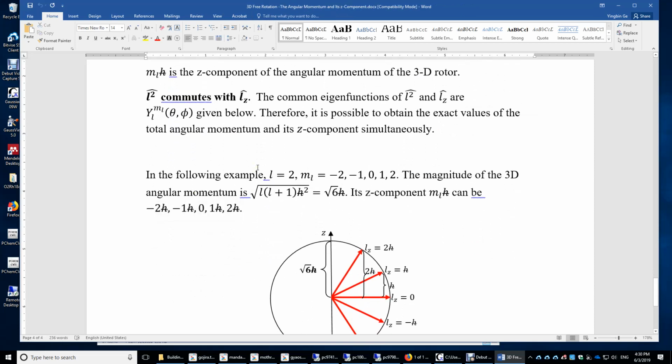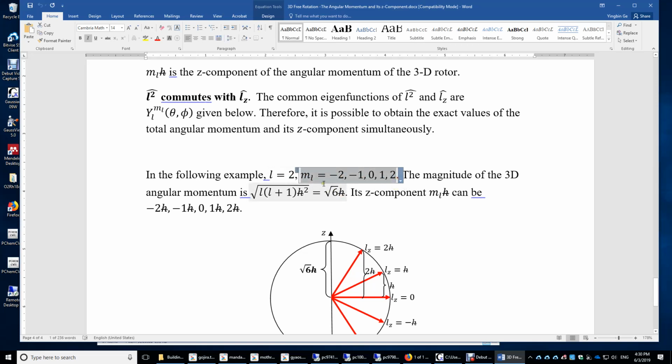All right, I'm now giving you an example. When L equals 2, we know the magnitude of the three-dimensional angular momentum is the square root of L times (L plus 1), and then times ħ, which is the square root of 6 times ħ. And when L equals 2, m sub L can be negative 2, negative 1, 0, 1, 2.